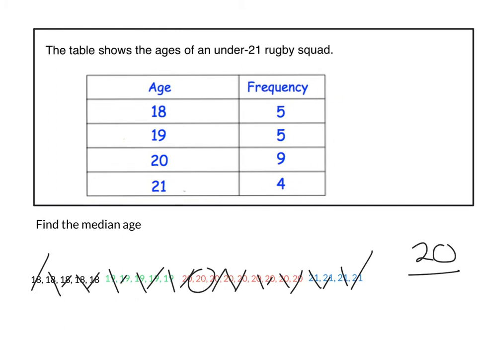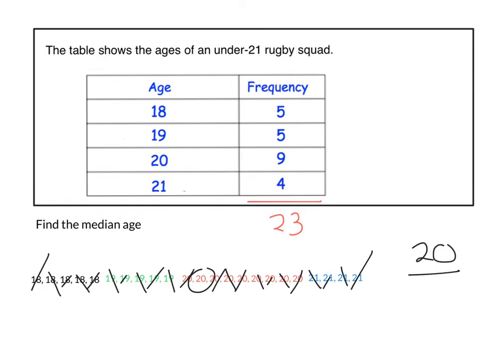Let's just look back at how many numbers there were in this list. 1, 2, 3, 4, 5, 6, 7, 8, 9, 10, 11, 12, 13, 14, 15, 16, 17, 18, 19, 20, 21, 22, 23. So there's 23 numbers in total, which also should be the total frequency. That makes sense, because frequency means how many are in the data set.